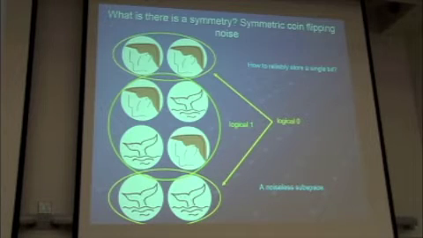Remember, in Mohammed's talk, it was important that the system-bath coupling was weak. Here, I do not care about strength. The interaction can be as strong as you wish, in the sense that this flipping can happen at whatever rate, but it has to have a symmetry. As long as it has a symmetry, the strength is irrelevant. Using the symmetry, we can perfectly store a classical bit in this case.